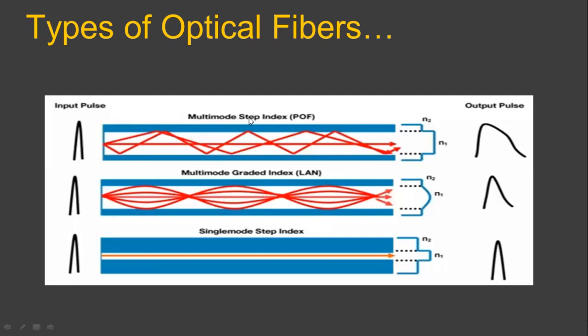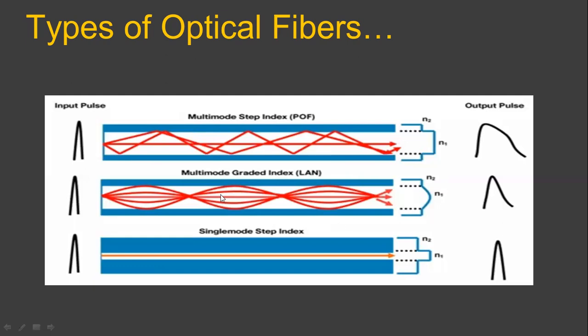And this is a step index fiber because when you look at the refractive index profile of this cable, it takes the shape of a step again, like the single mode step index fiber. And N1 and N2 indicate the refractive index of core and cladding.